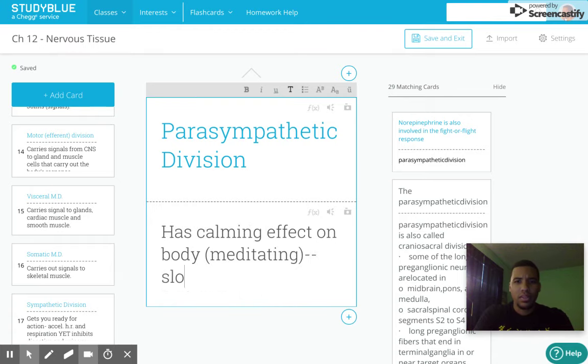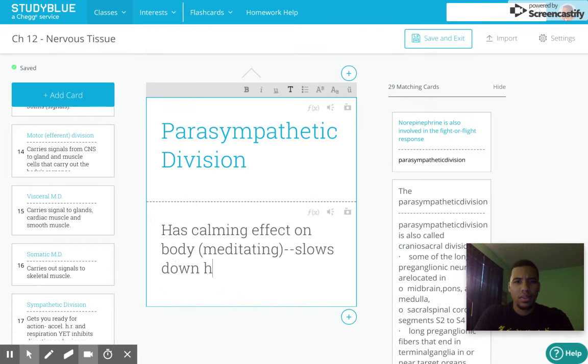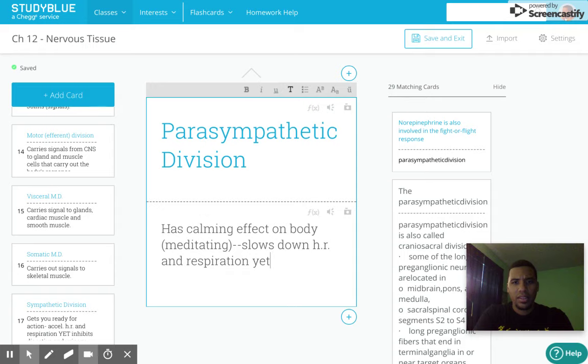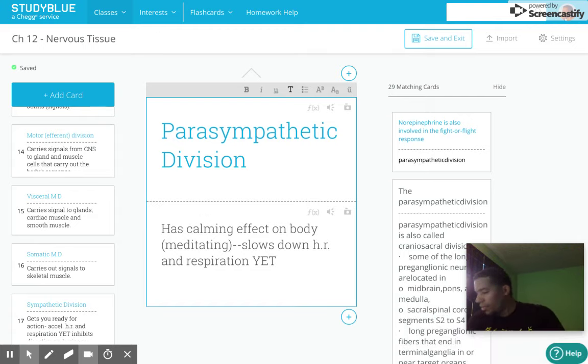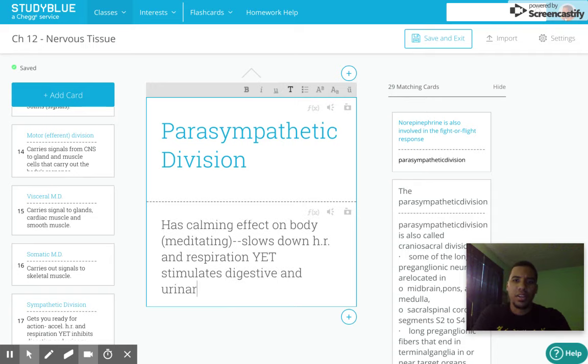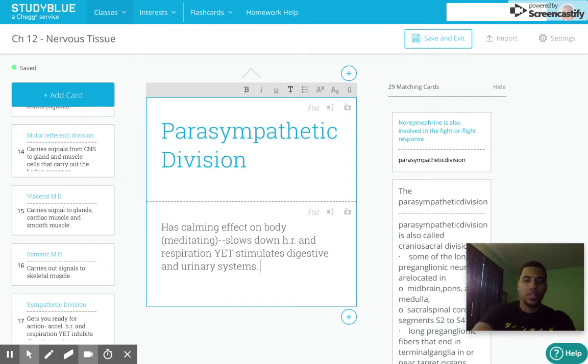It slows down heart rate and respiration, yet promotes or stimulates digestive and urinary systems. So those are the last two.